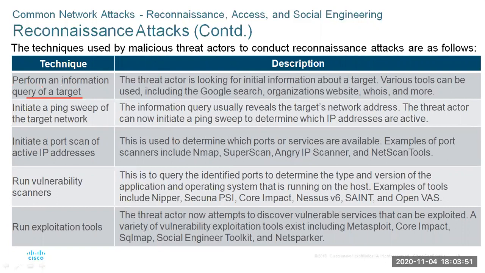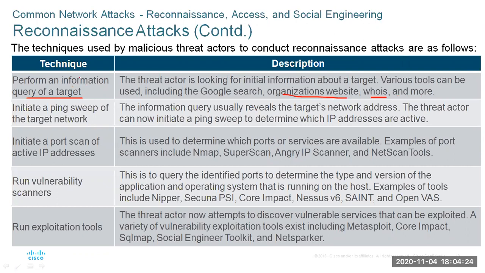What this means is that the threat actor will be looking for initial information about its target, and various tools can be used to get this information, such as Google search, checking the organization's website, or WHOIS. With WHOIS, you're trying to get the IP address of your target, and the email addresses of the managers and stuff like that.